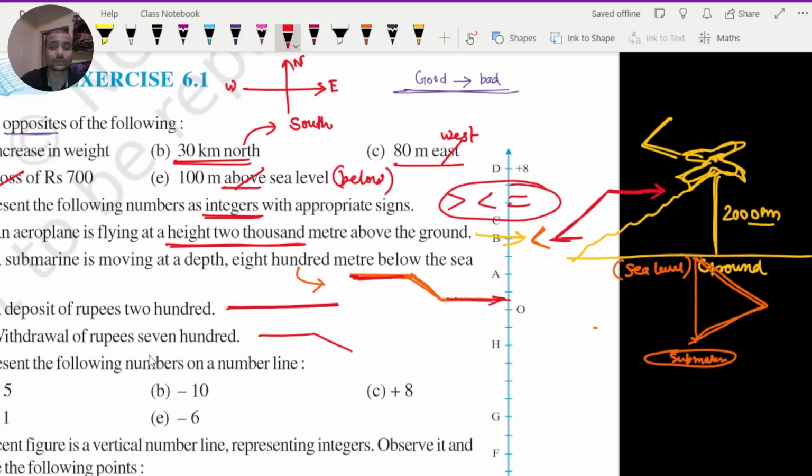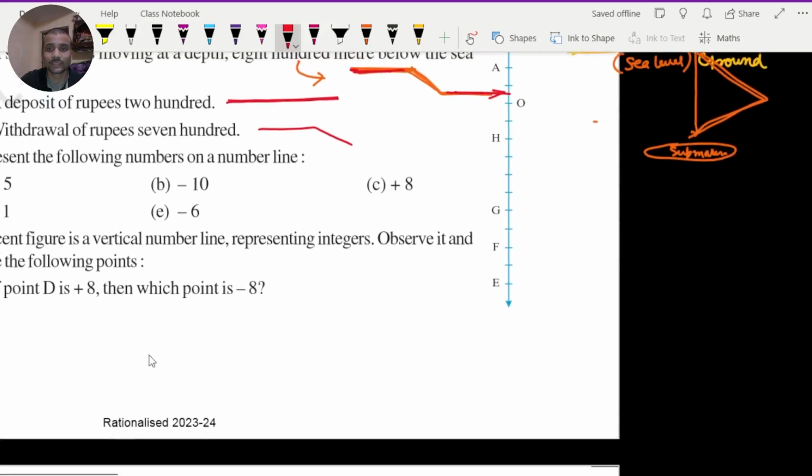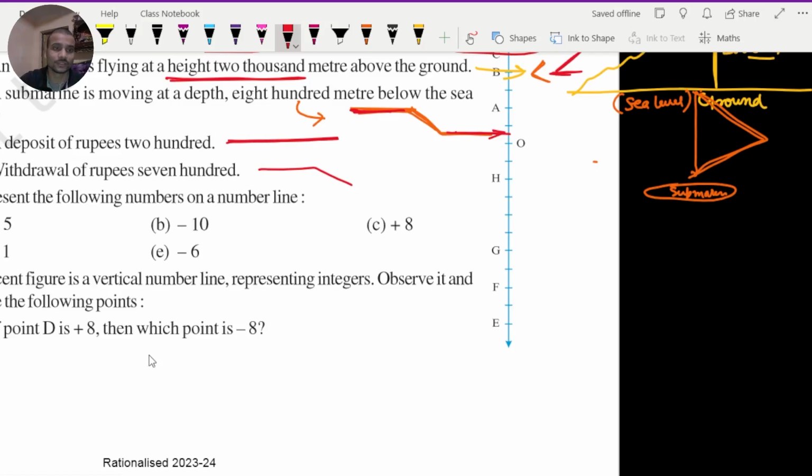Represent the following numbers on a number line. Hope I am not expected that that would be solved by me here. You are able to, you can solve in easiest way here. I thought you are able to solve it now. Just make a number line here. This is 0. In negative side you will make negative, and this will be positive side. Where is plus 5?